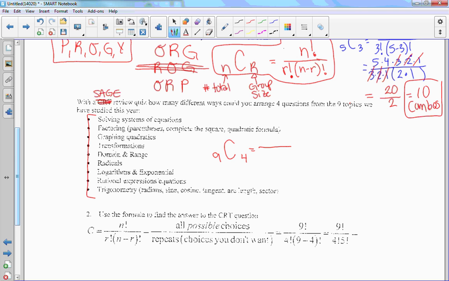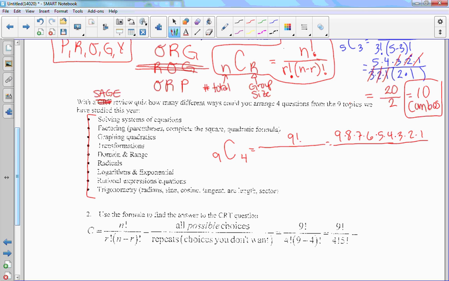Again by hand. What goes in the numerator? Right, so 9 factorial, which would be 9 times 8 times 7 times 6 times 5 times 4 times 3 times 2 times 1. And in the denominator, what's r factorial?